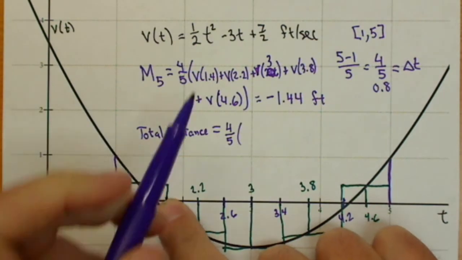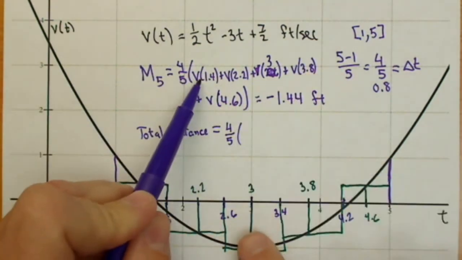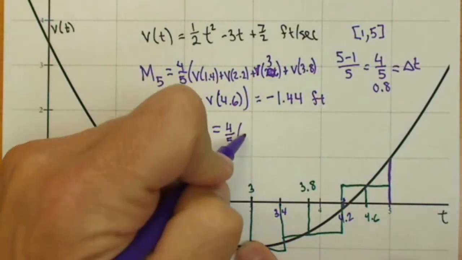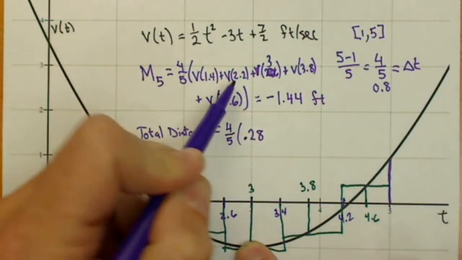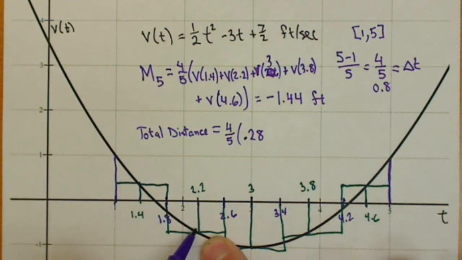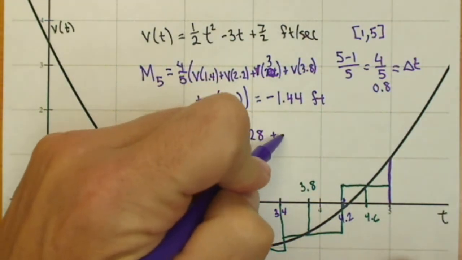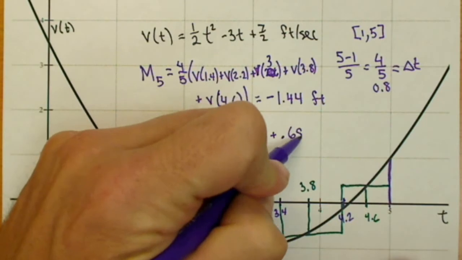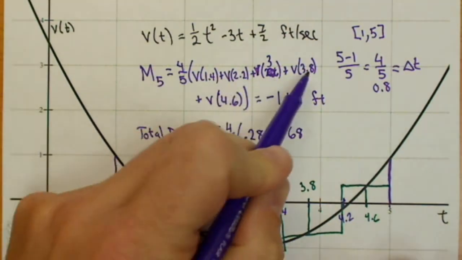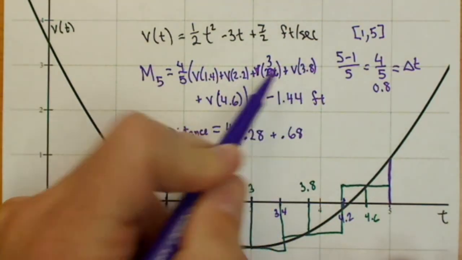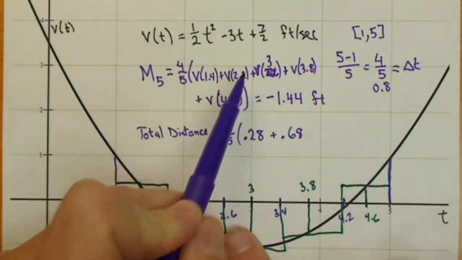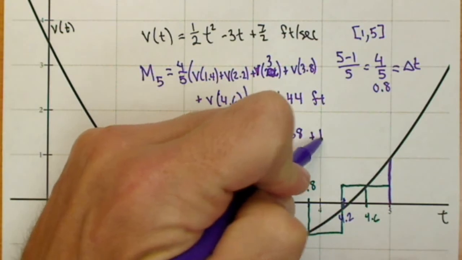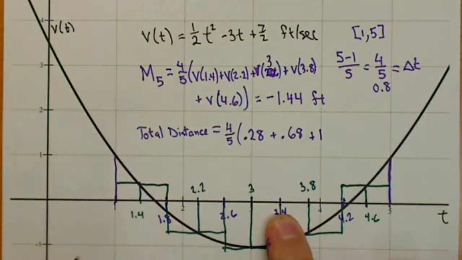What we need are these function values, and it turns out v of 1.4 is 0.28, which is fine. v of 2.2 is negative 0.68, but we need that to be positive, so I'm going to add 0.68. v of 3, if you put 3 into our function, you get negative 1, but we want it to be positive, so I'm going to add 1.